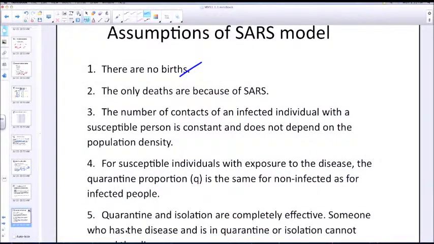Now, what's the assumption? Well, in the beginning we talked, different disease will result in different model because different assumptions. Well, we all have no birth in the assumption. The difference clearly is you have to consider the death. In the previous model, we assume it is so weak, there's no death.